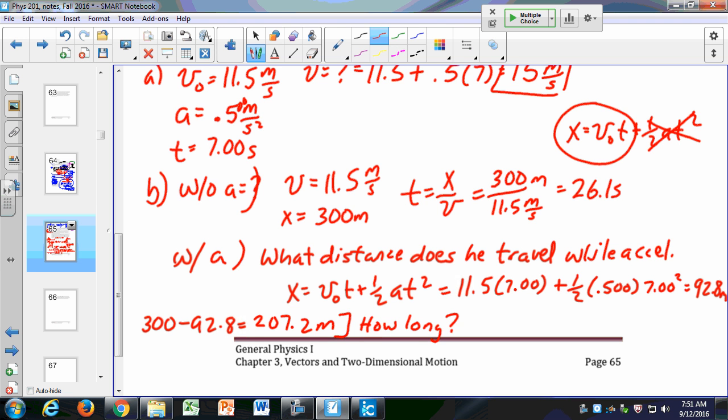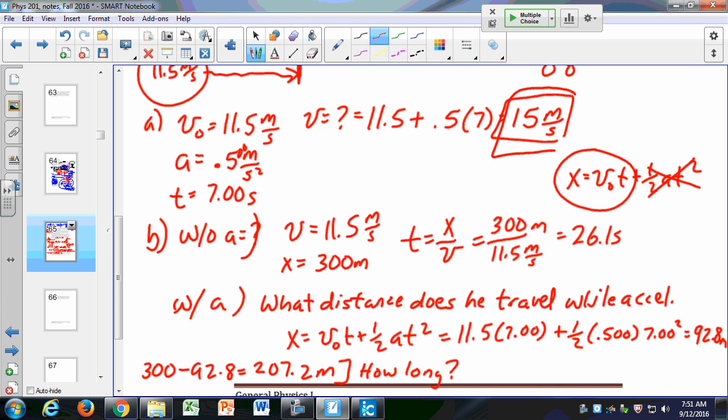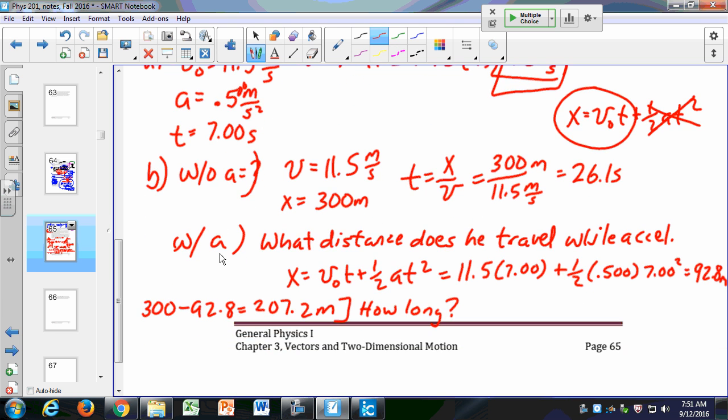He's traveling now at a new speed of 15 meters per second because he's accelerated at this point. He has 207 meters to travel, and the time is going to be x over v. That's going to be 207.2, the distance left to travel, divided by 15. I get 13.8 meters per second, or excuse me, seconds rather.